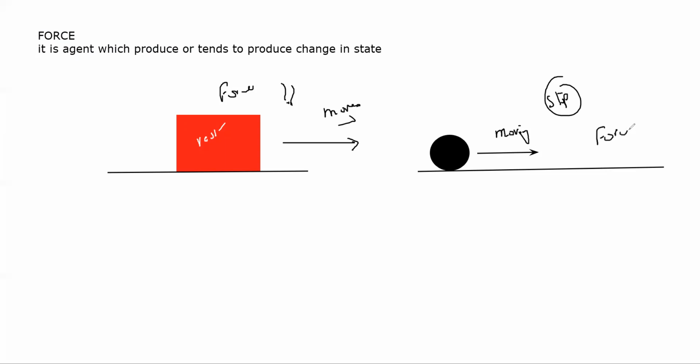So force is the agent which produces or tends to produce a change in state. If something is stationary, a force can make it move. If something is moving, the force can stop that. The tendency of a force is to change the state of an object.